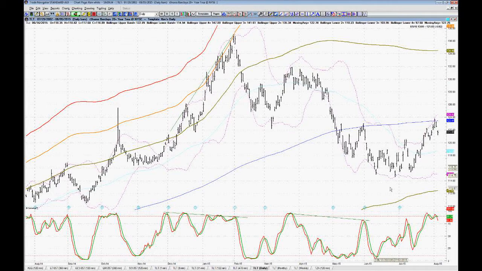And that created the opposite divergence that was created up here when higher highs in price were met with lower highs in stochastics. Here, lower lows in price are being met with higher lows in stochastics.